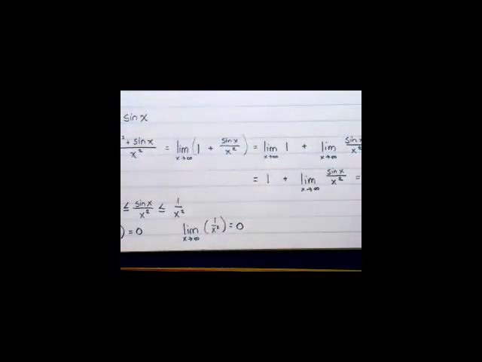So what's our conclusion then? They grow at the same rate, just like we thought it was going to be. Yep.